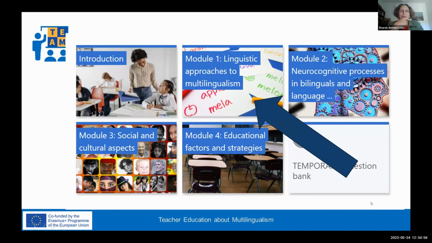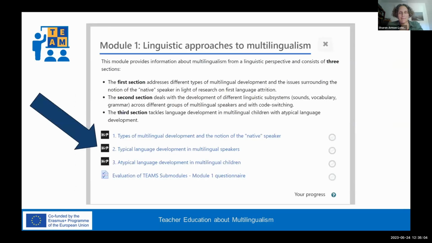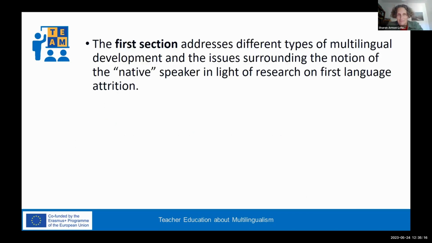As you go into the Moodle, you can click on the Linguistic Approaches to Multilingualism, and then it opens up, and you can see that we have basically 3 sections, which are different aspects we focused on. The first section addresses different types of multilingual development and the issues surrounding the notion of the native speaker in light of research on first language attrition.